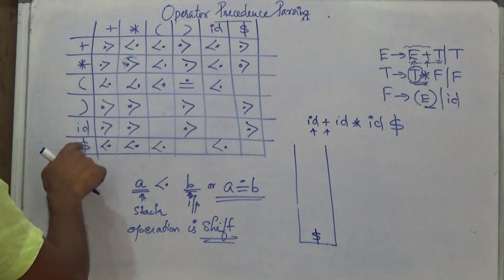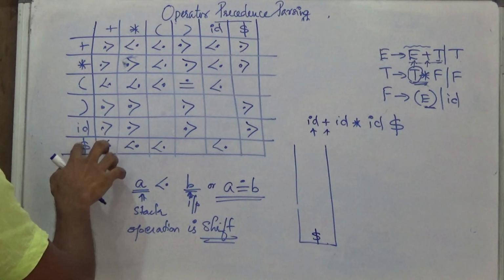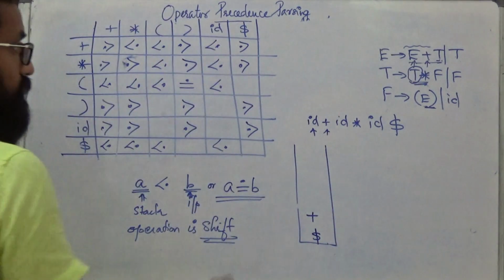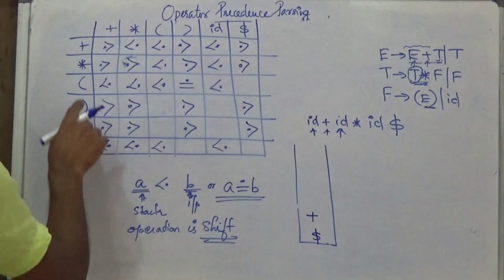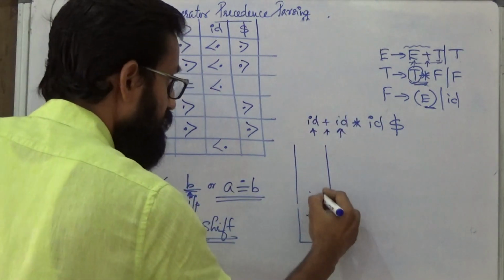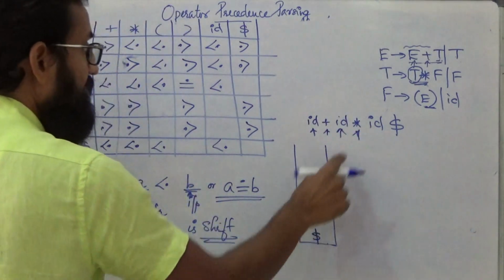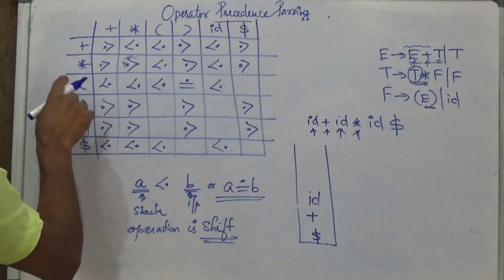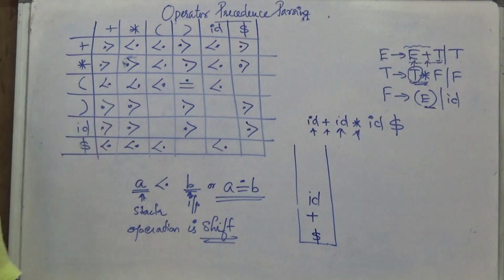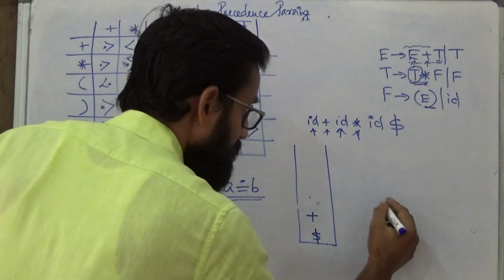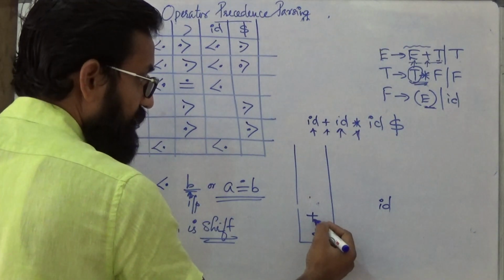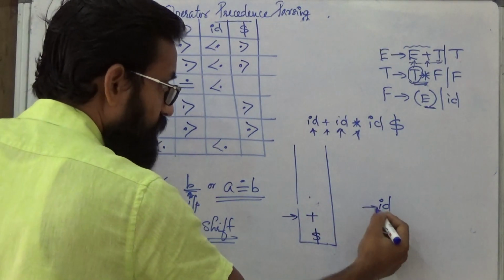ID gets popped. Now dollar plus. Plus has higher precedence, so that will be pushed. Now plus ID. ID has higher precedence, so that will be pushed. Next one is ID star. The content in the stack has higher precedence, so perform a pop operation, which corresponds to reduction, and compare the precedence of the current top with the popped element.